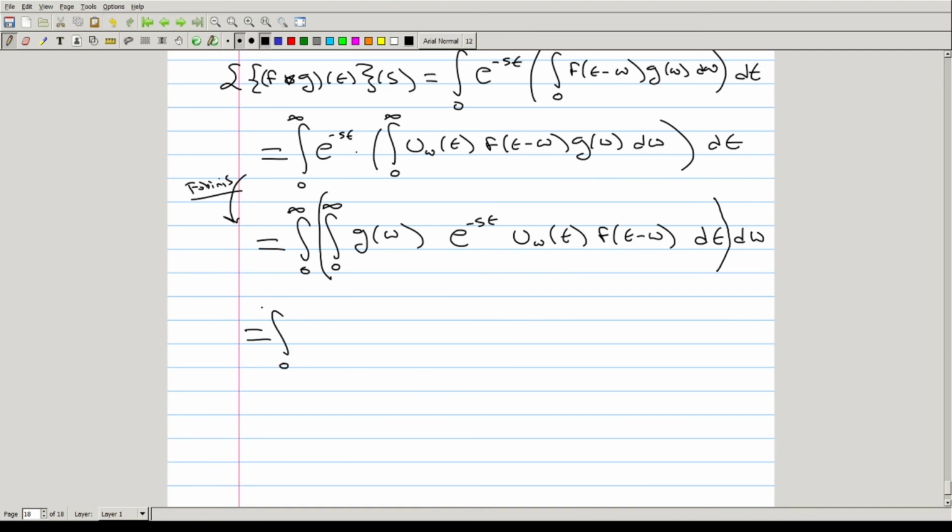So this becomes the integral from 0 to infinity of g of w times the integral from 0 to infinity of e to the negative st, the unit step function shifted by w at t, times f of t minus w, dt dw.